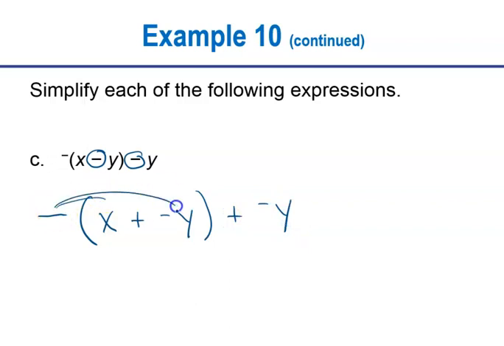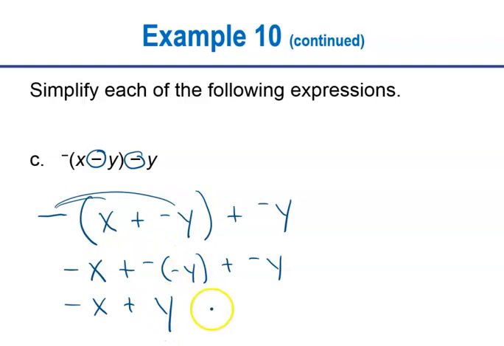Next, I handled this set of parentheses by distributing this negative inside. So negative goes with the x, plus then a negative goes with the negative y, plus negative y. Now we have negative x plus, now this negative and this negative, or the two opposites, make a positive, plus negative y.